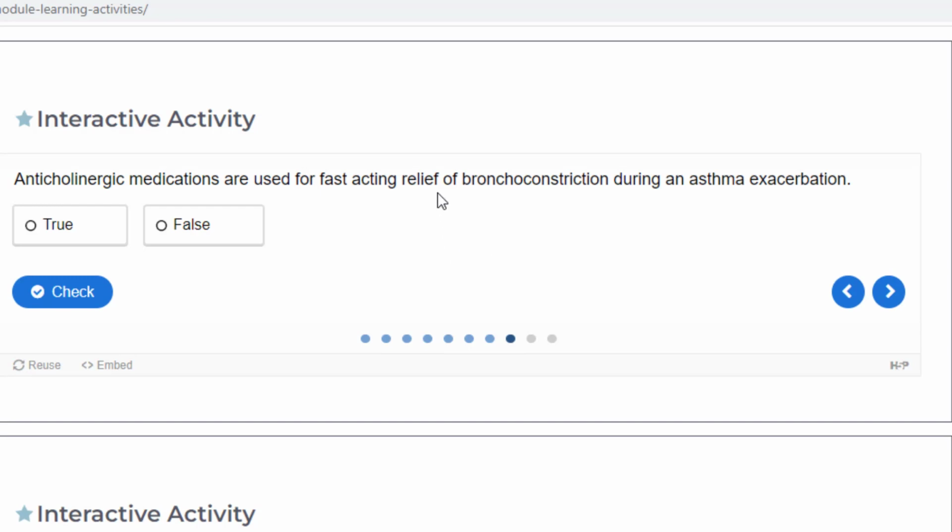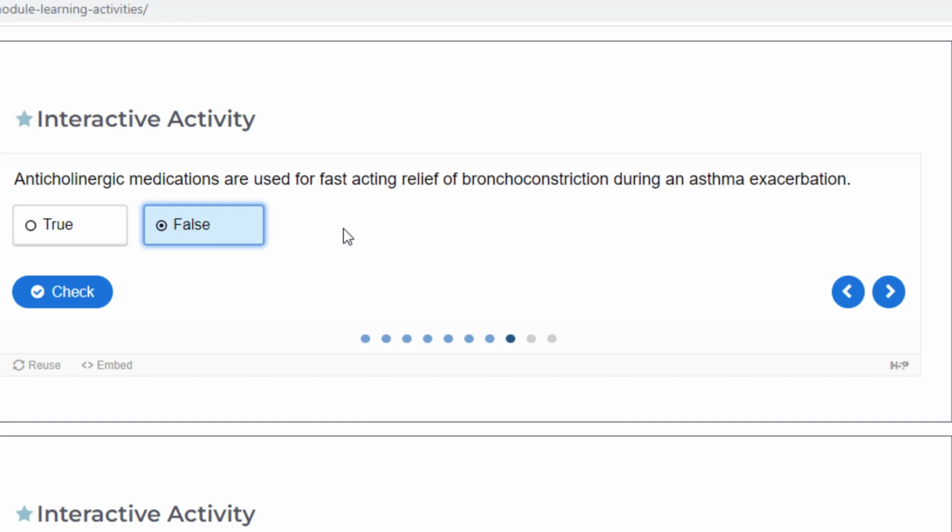Anticholinergic medications are used for fast-acting relief of bronchoconstriction during an asthma exacerbation. Okay, so this would be false. Again, just because in DuoNeb, you will see albuterol combined with something like ipratropium, but only the albuterol is the fast-acting relief of bronchoconstriction.